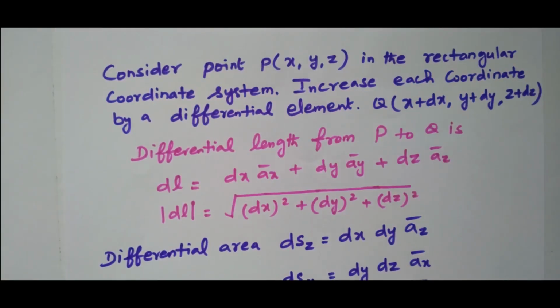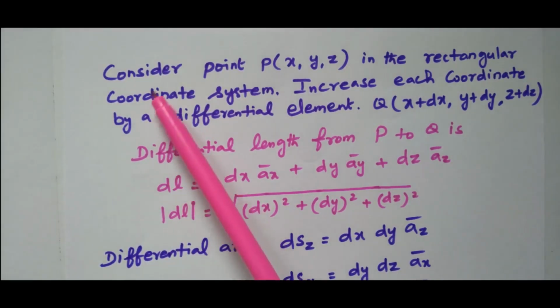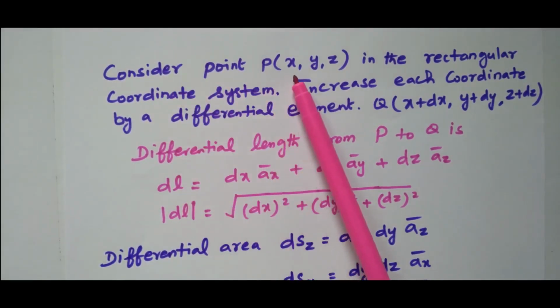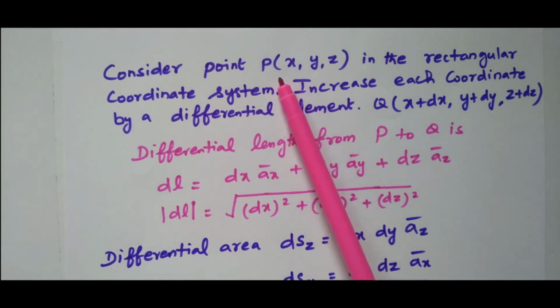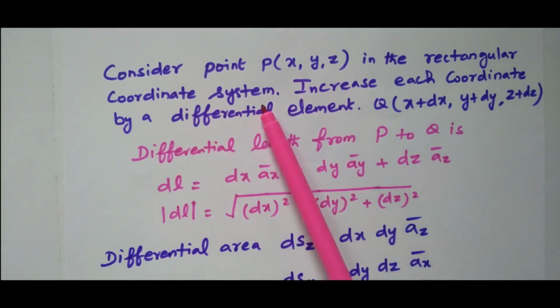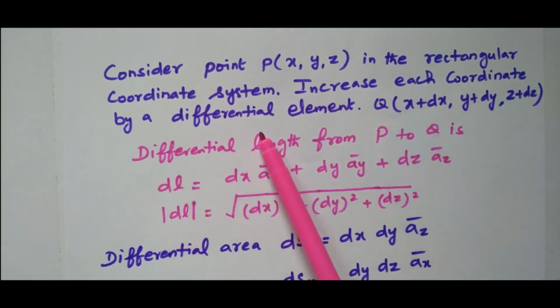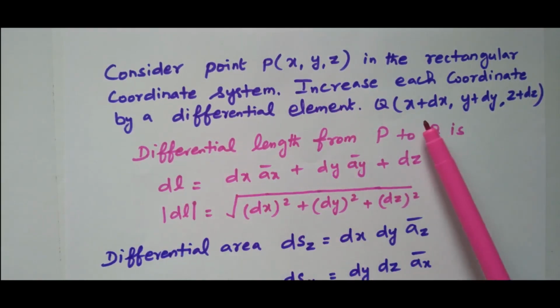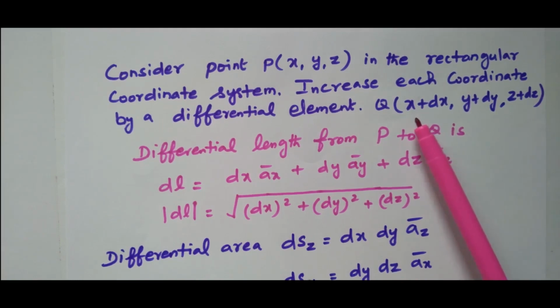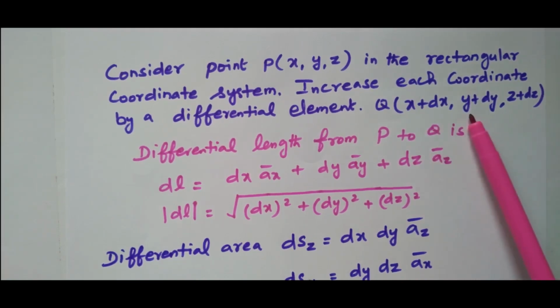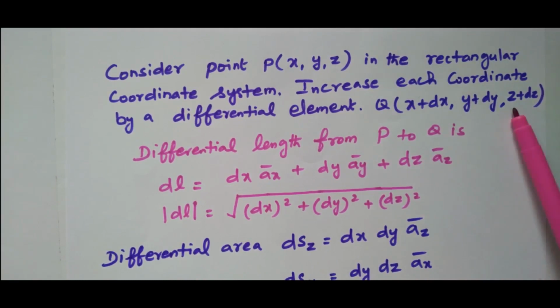In order to represent the differential length, area and volume, we consider a point P (x, y, z). We already considered point P (x, y, z) in the rectangular coordinate system. Now we are going to increase the coordinates by a differential element. That is, we increase x to x plus dx, y to y plus dy, z to z plus dz, right?